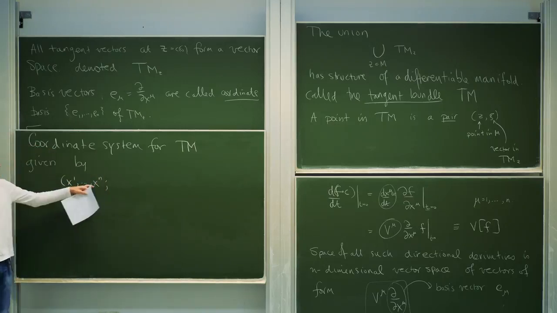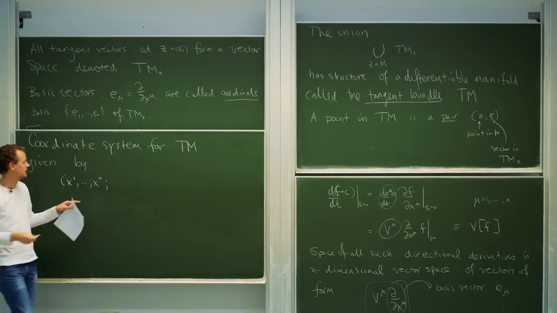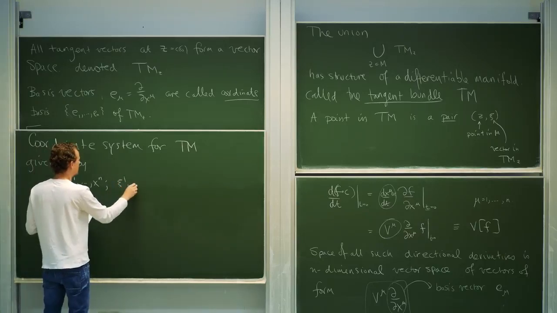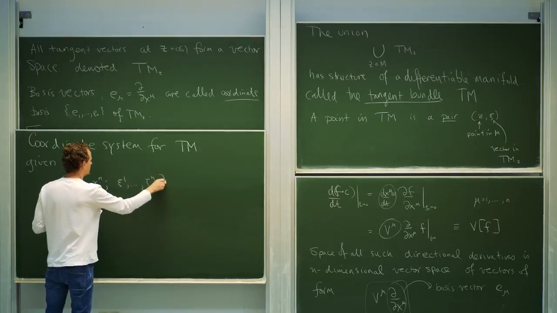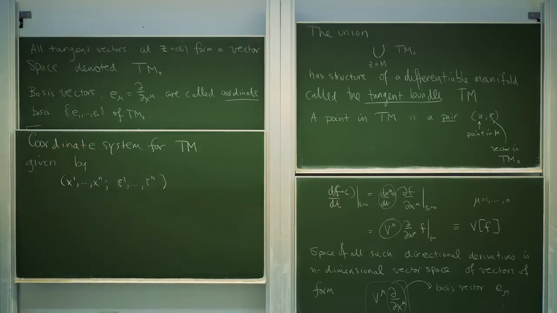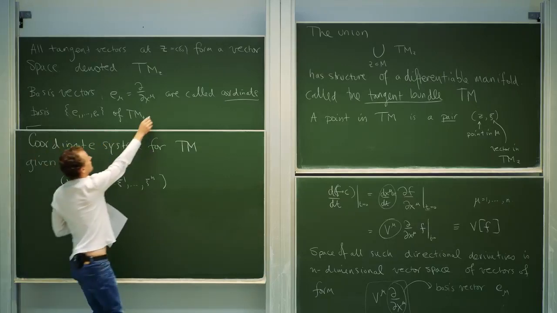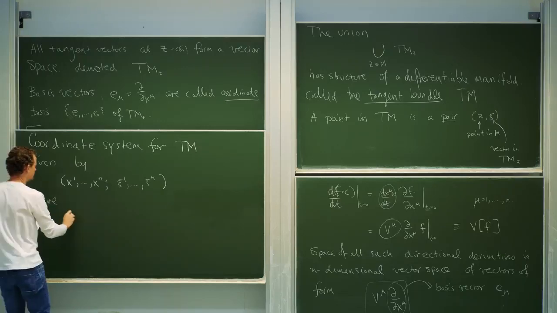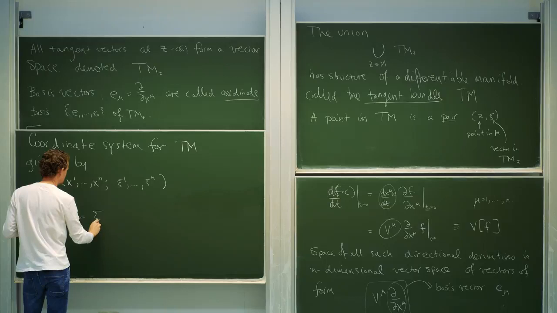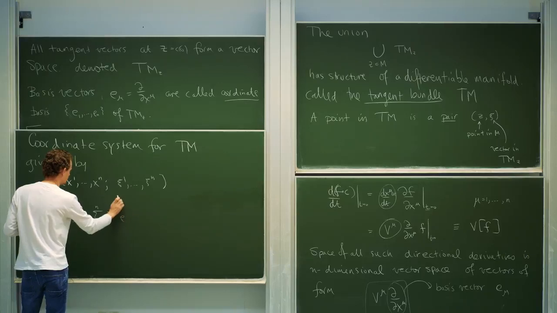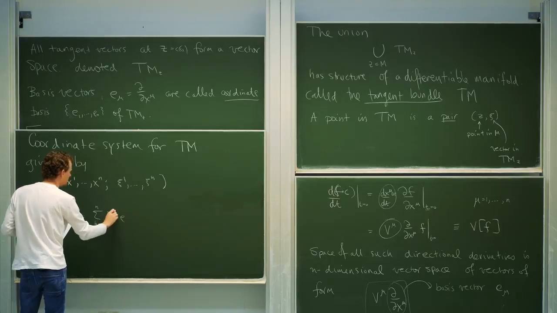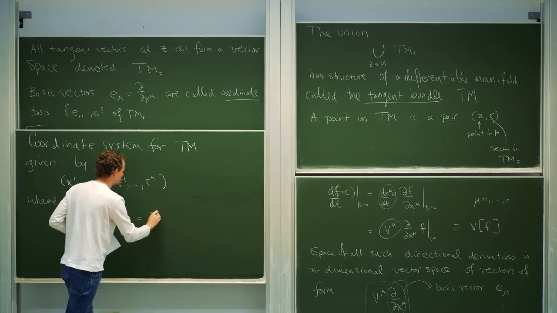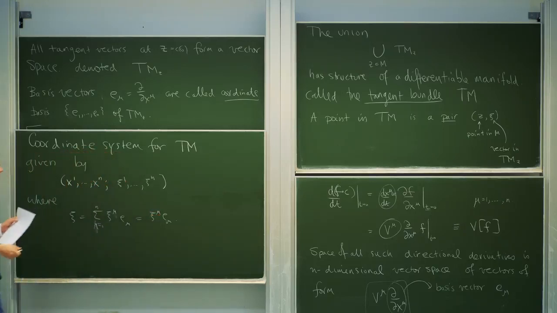So there's the coordinates of a point in the manifold. And then we write out our tangent vector using the coordinate basis that I introduced just above here. Just to emphasize the point that repeated indices are summed.